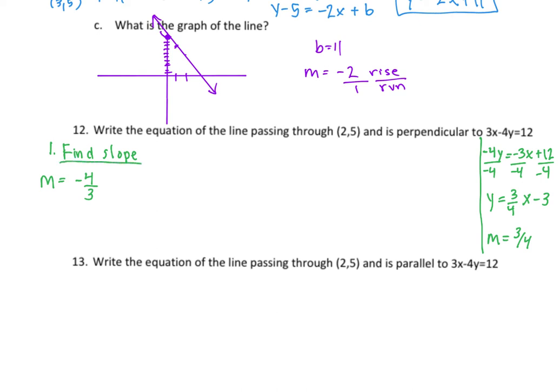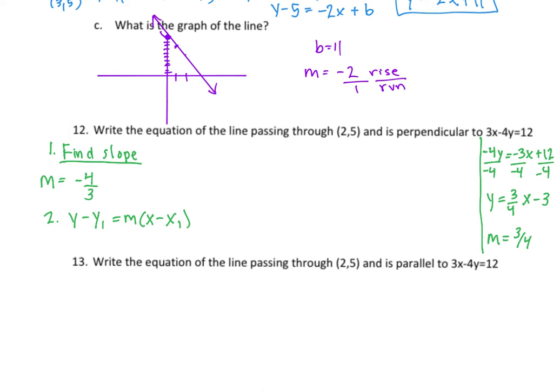Okay, after you find the slope, the next step in writing the equation of a line is to take your slope and a point and put that information into point-slope form. Slope-intercept form is what we're trying to put it in at the end.